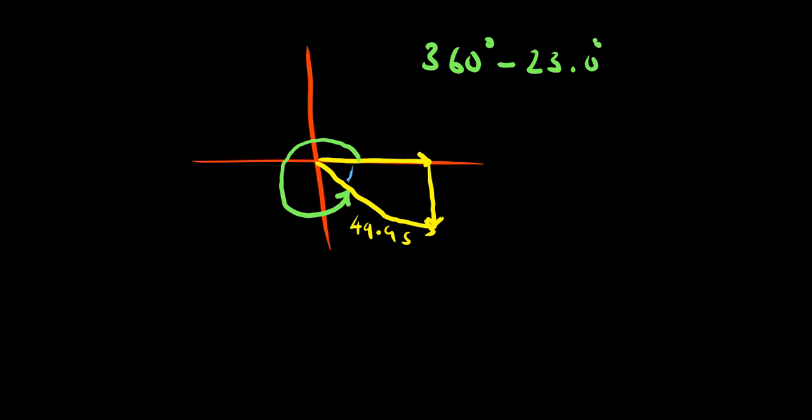When you evaluate that, you will get an angle or direction of 337 degrees. So that is your direction. So you found your magnitude and you found your direction. That is how we answer those 3 questions.